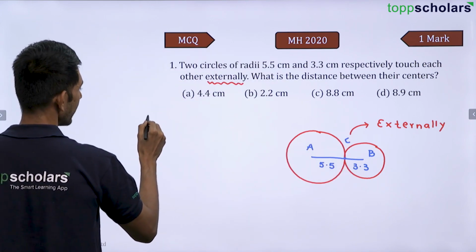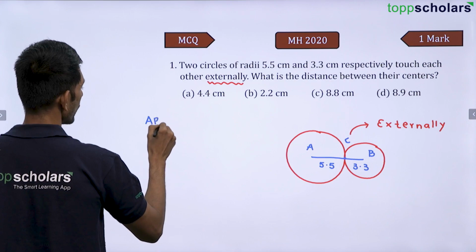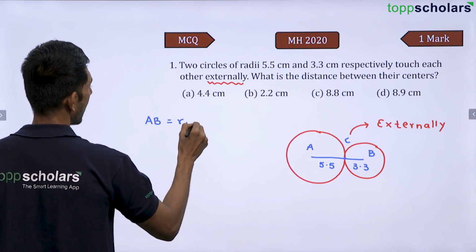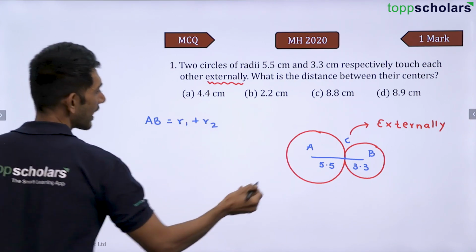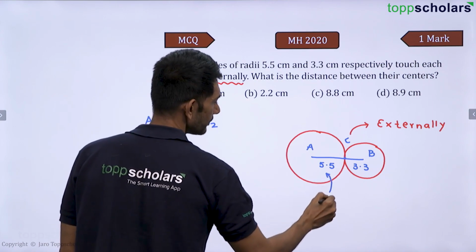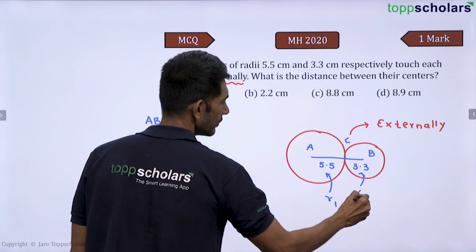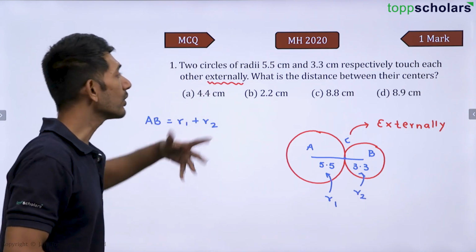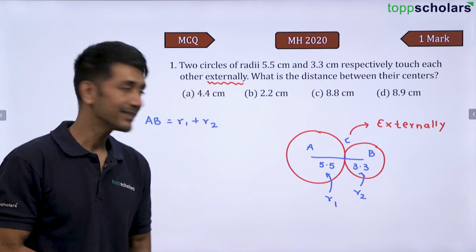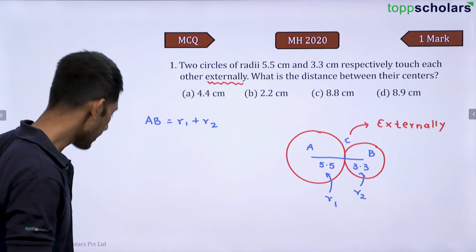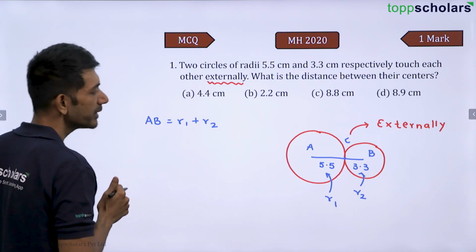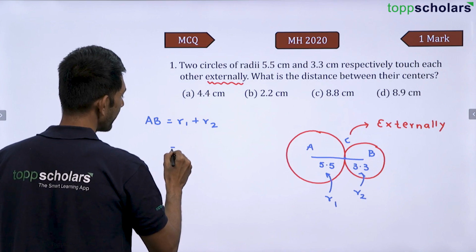So can I say AB will be equal to R1 plus R2, where R1 is the radius of the first circle. See, I am giving you the perspective where if they don't ask you the question in MCQ, then in that case you have to write down by theorem on touching circles, AB will be equal to R1 plus R2.